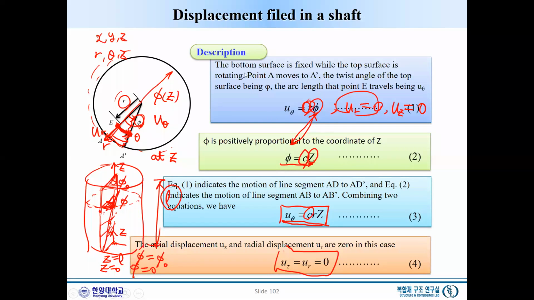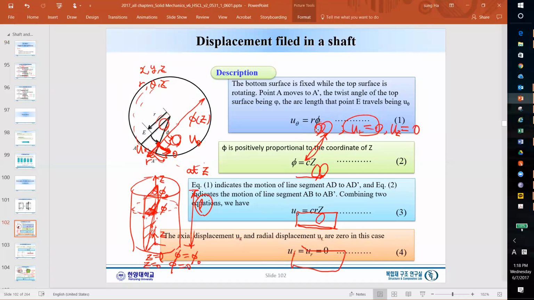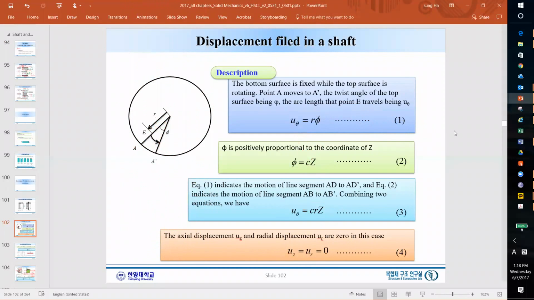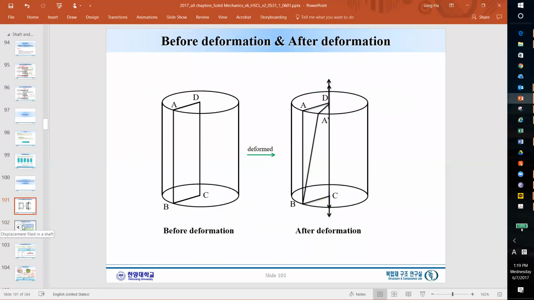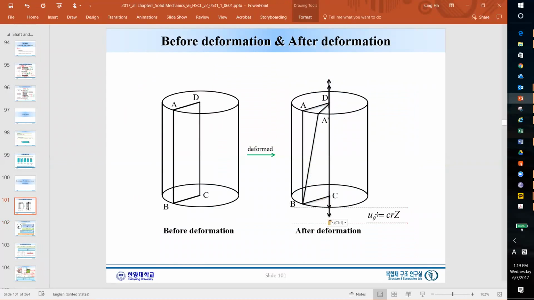So the bottom surface is fixed, and U theta is defined as simply proportional to R, and phi is C times Z. So this deformation, we can say that U theta is the only non-zero displacement, which is proportional to R and Z, right?